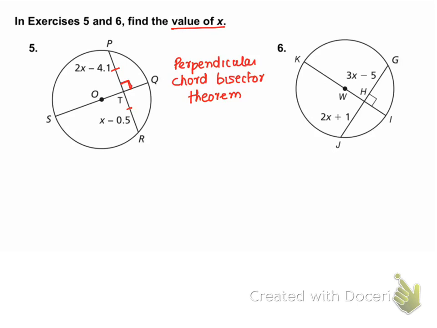So from here I know that PT is congruent to TR. They're congruent. All right, so I can just substitute and make them equal to each other. 2x minus 4.1 is equal to x minus 0.5. You just solve it, subtract x from both sides, so you get x minus 4.1 is 0.5.